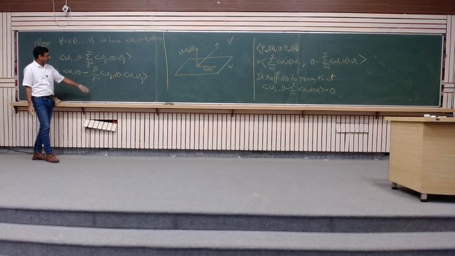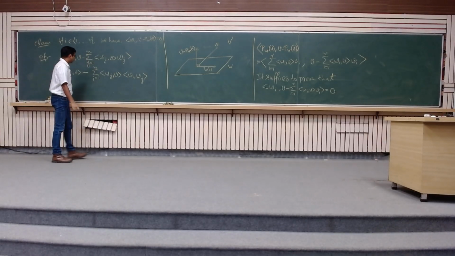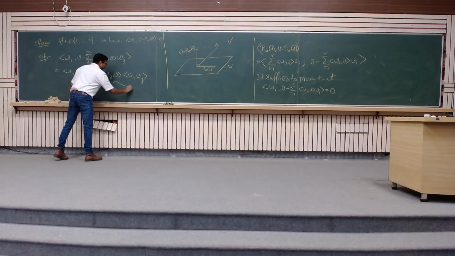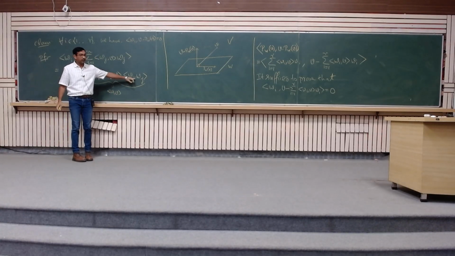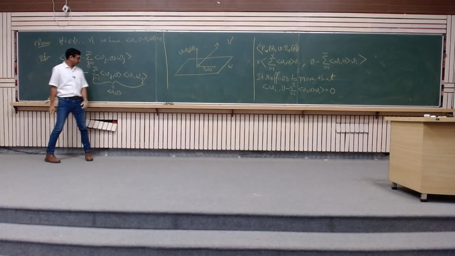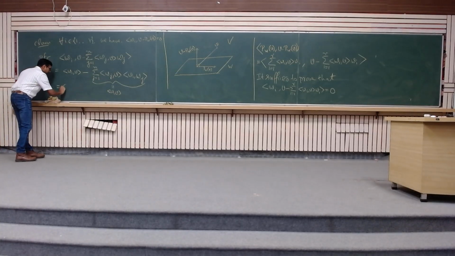Note that this will all be 0 except the case when i equals j. So this one is equal to <w_i, v>, because when i is equal to j, this is just 1. That is <w_i, v> minus <w_i, v>, so if you subtract one from the other, you just get 0.